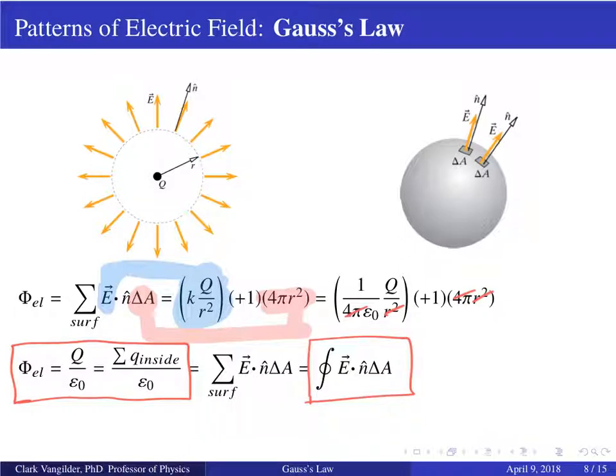I'm going to put some extra stuff here, so if I can fit it, yeah, I can fit it. So if I have a little differential chunk of flux, I could write that as E dot dA.